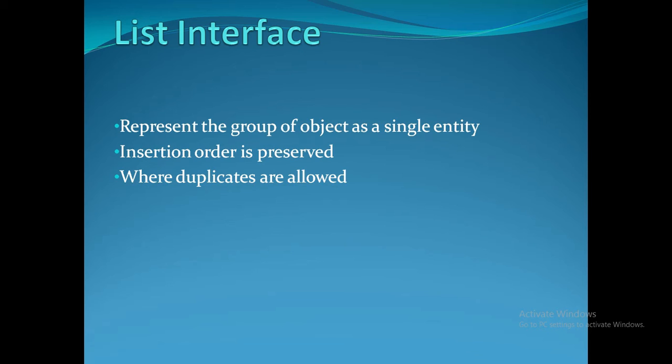Now again there is a possibility that two students have the same name, right? So I have already added the student with the name ABC. Now I want to add another student object which has the name ABC. So in the list interface, duplicates are allowed. We can add duplicate elements in the collection, right?